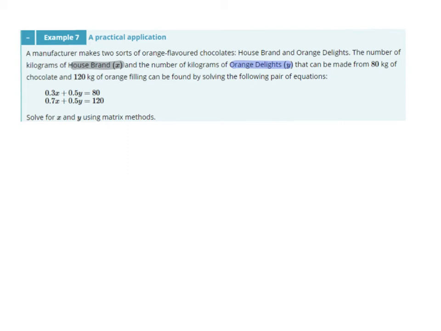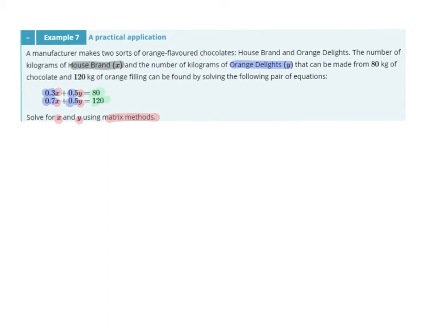They can be found by solving the following pairs of simultaneous equations. So you can see here, the question is they want you to solve for x and y, and we can see them in our equation, and they want you to use matrix method. So what you're going to have to do is set it up and then show how you solve it.